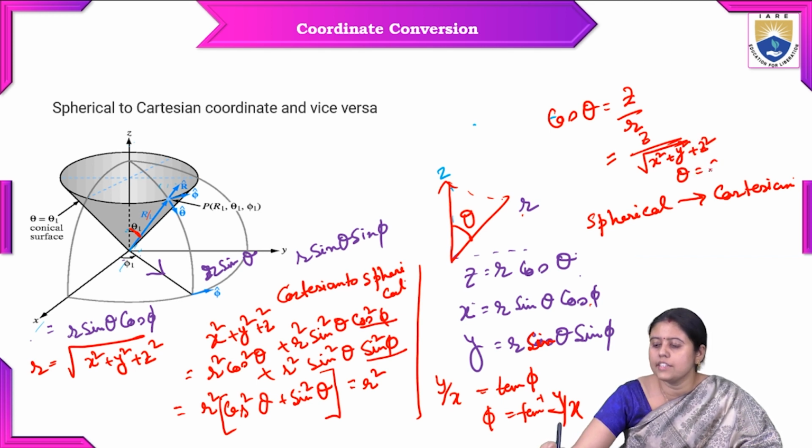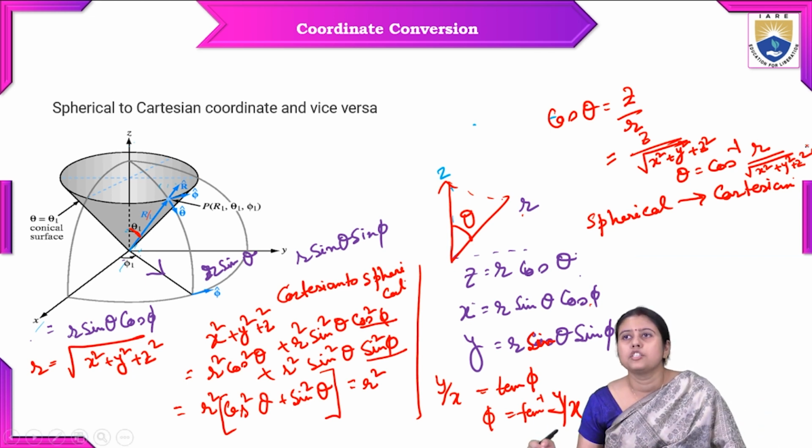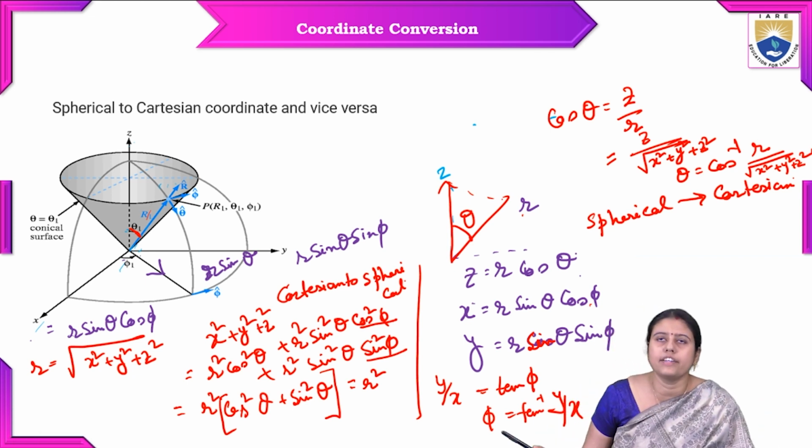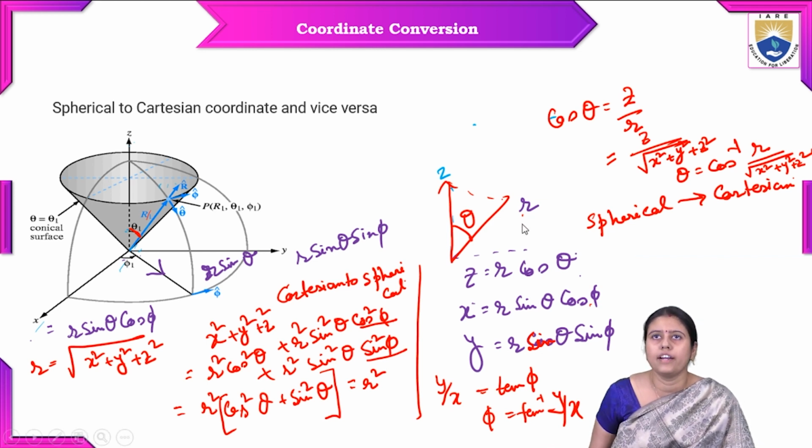So theta is equal to cos inverse of z by the square root of x square plus y square plus z square. So like this we can prove the spherical to Cartesian and Cartesian to spherical coordinate conversions.